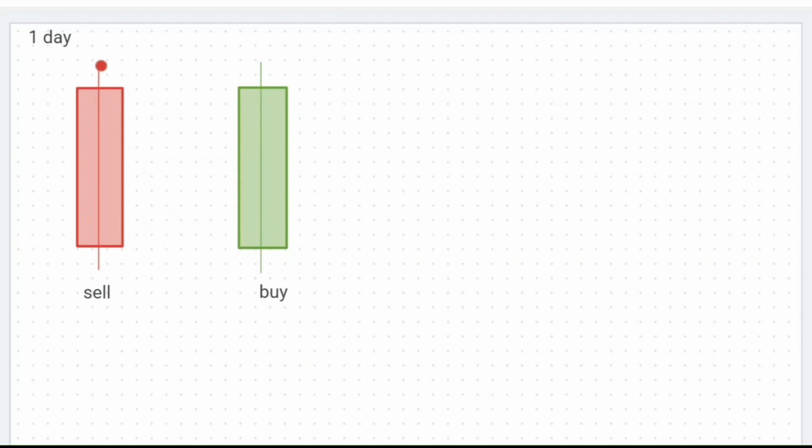If there is a red candle on that day, then the highest price reached here, we can also write it as H. This was the opening, this is the closing, and this was the lowest price.